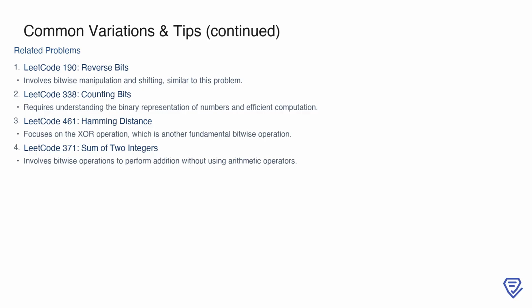Another related problem is LeetCode 461, Hamming Distance, which emphasizes the XOR operation to calculate the number of differing bits between two numbers. Lastly, LeetCode 371, Sum of Two Integers, involves performing addition using bitwise operations without relying on arithmetic operators. Studying these problems can deepen your understanding of bitwise manipulation and help you recognize patterns that are applicable across a variety of scenarios.